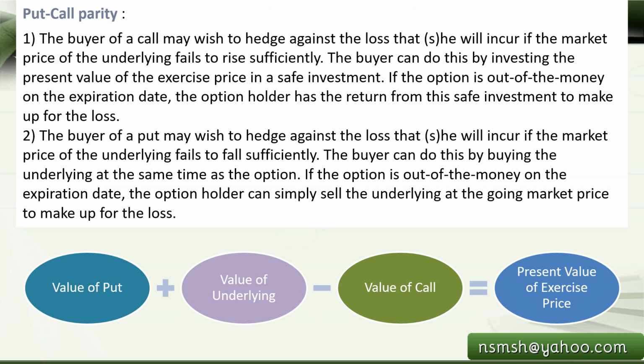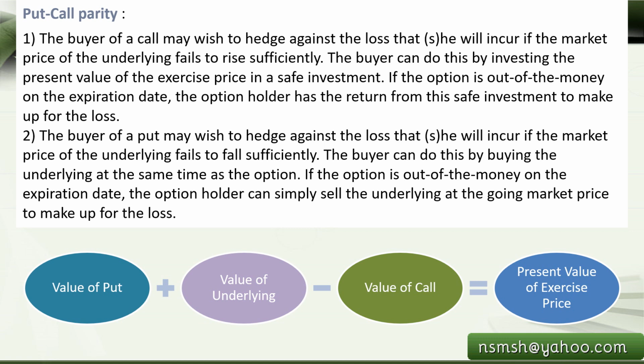Let's explain a little further on this put call parity. The buyer of a call may wish to hedge against the loss that he will incur if the market price of the underlying fails to rise sufficiently. Why does he invest in that call option?